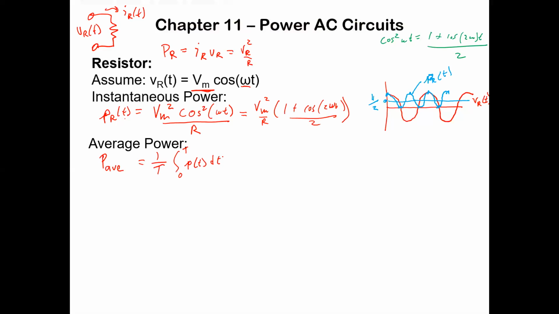And what you end up getting is, well, we're going to do 1 over T times the integral from 0 to T of Vm squared over R, and then times 1 plus cosine of 2 omega t, over 2, dt.